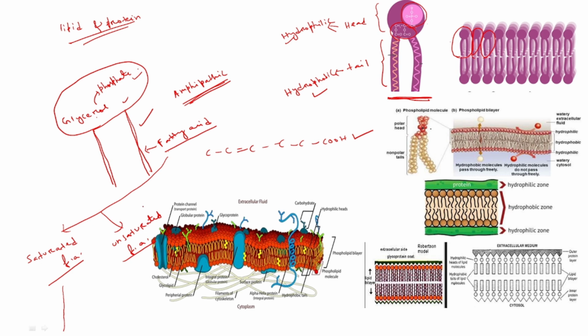But in the unsaturated fatty acid, because of the presence of the double bond, it bends somewhere, and this is called a kink, K-I-N-K, kink. So what is a kink? That means simply the bending. If the saturated fatty acid is present in the lipid, then it looks like this. If one unsaturated fatty acid is present, then it looks like this, or it is designated as this.